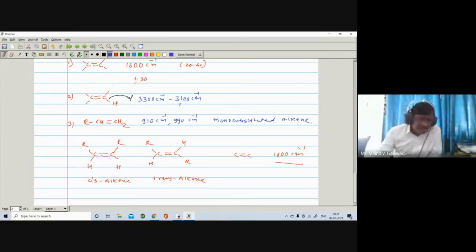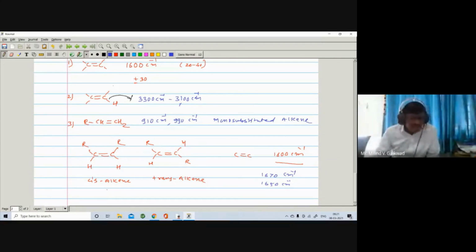Now the question arises: the carbon-carbon double bond will appear at two points. One will appear at 1670 and the other at 1650 centimeter inverse. Then the question is whether 1670 is due to cis or trans.